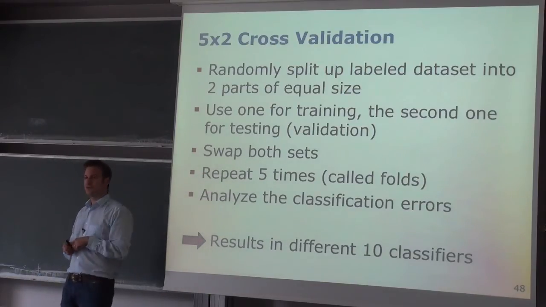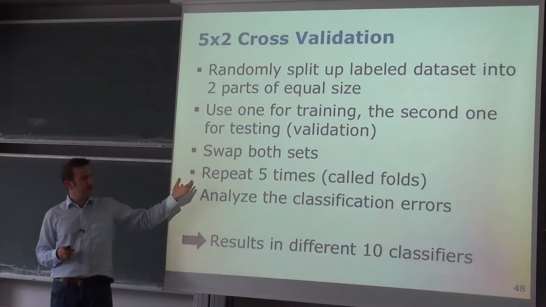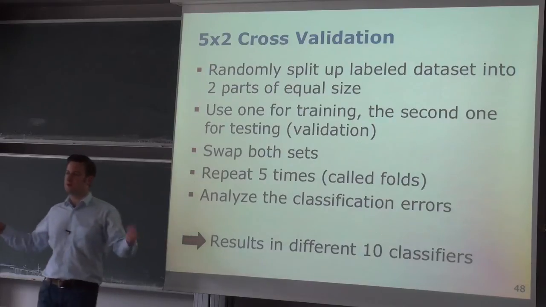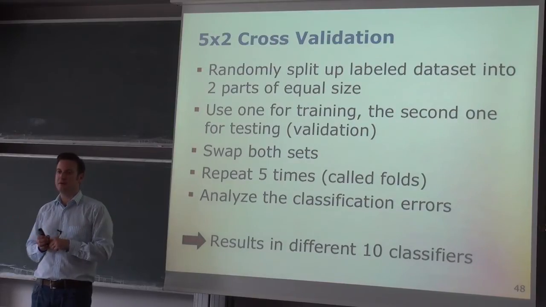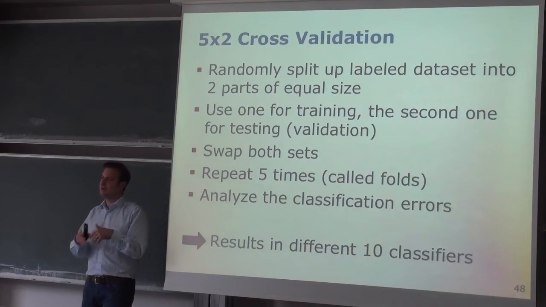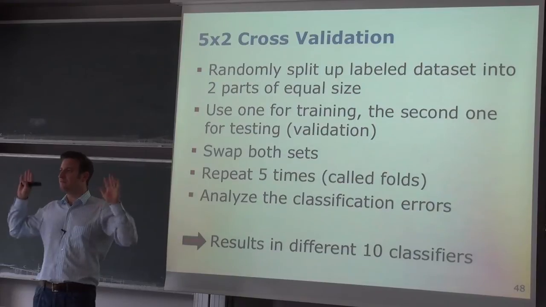I could also do just 2 folds or 100 folds. The thing is that the training data does not change, and if I repeat this process 100 times, I will end up having similar data sets, so they are very dependent on each other. If I do less than 5 times, then I may not have enough variation, just because I split them in a kind of suboptimal way.